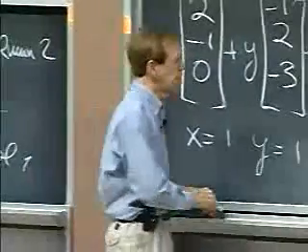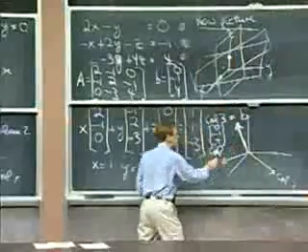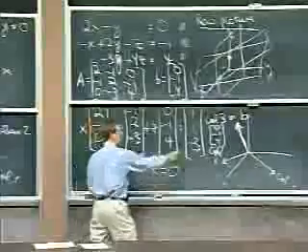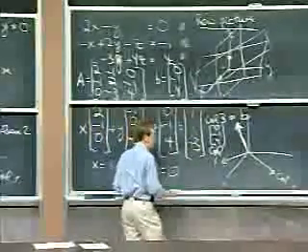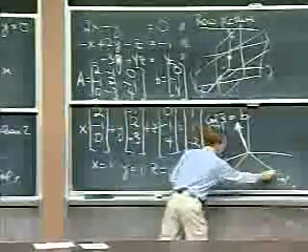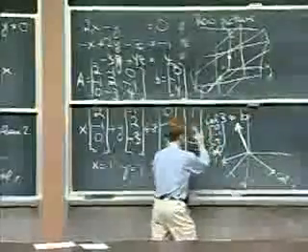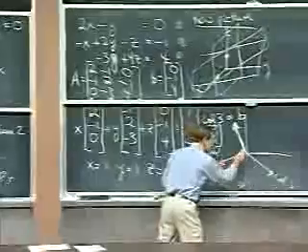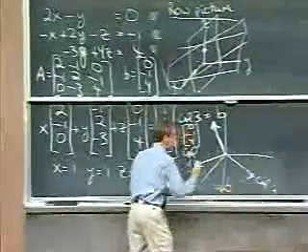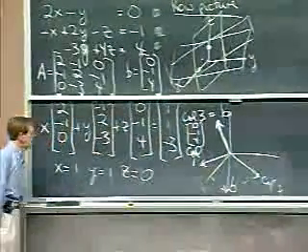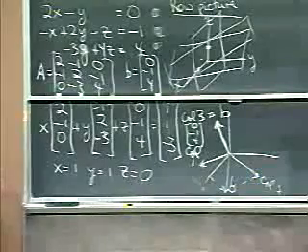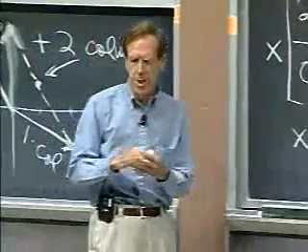In the column picture, I have the same 3 columns, but now I'm combining them to produce this new B. Column 1 plus column 2 gives me the new B.